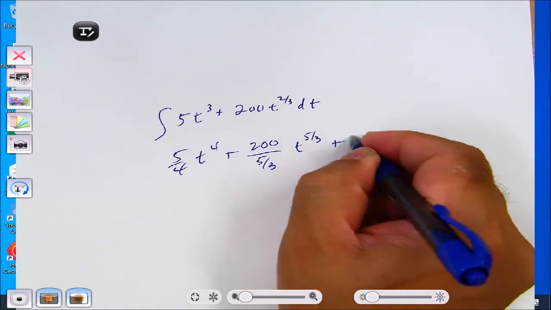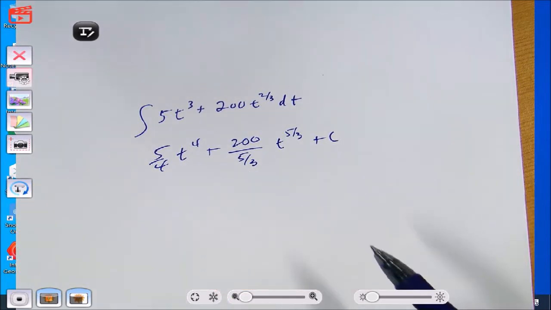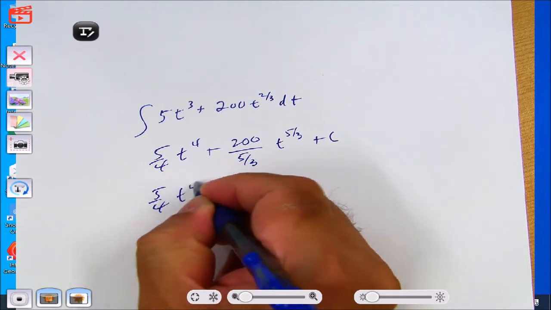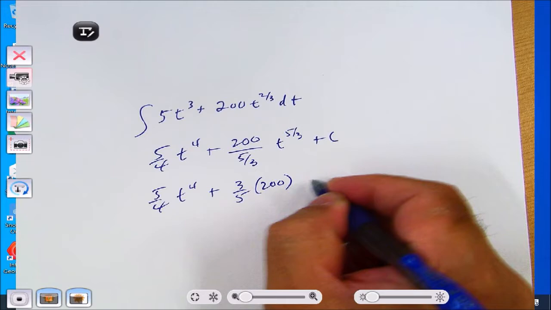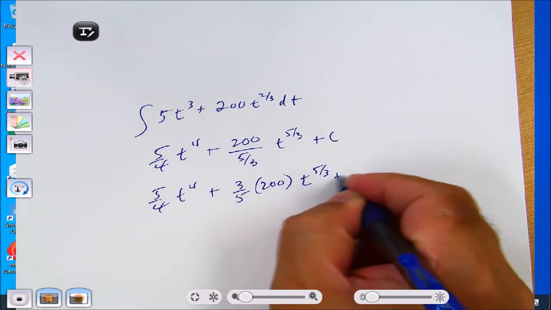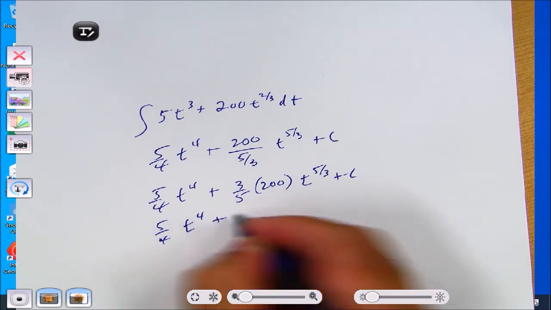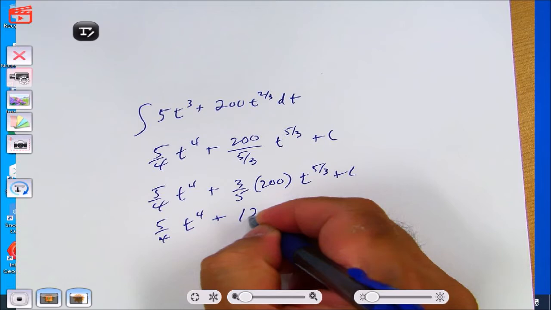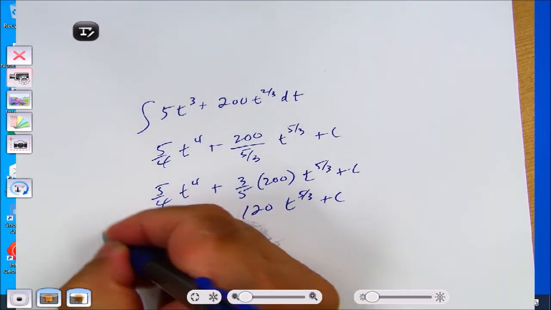Sorry, I put the 5/3 in a weird spot, usually under this, but it doesn't really matter. I'm going to clean that up some before I solve for C. So that's 3/5 of 200 t to the 5/3 plus C. Clean it up some more. 5 goes in 240 times, so 40 times 3 is 120. Now, so that's my population function.